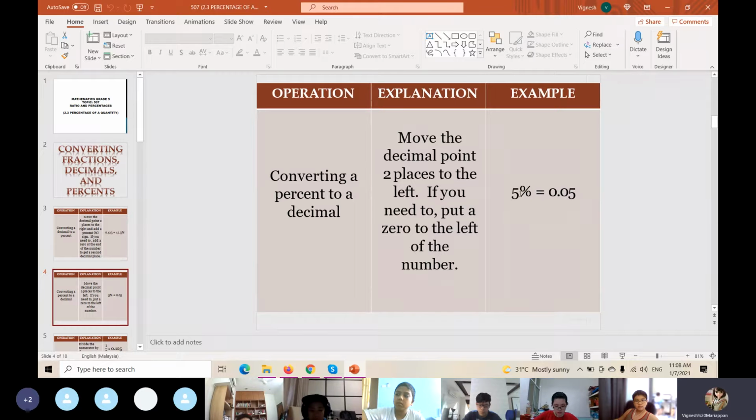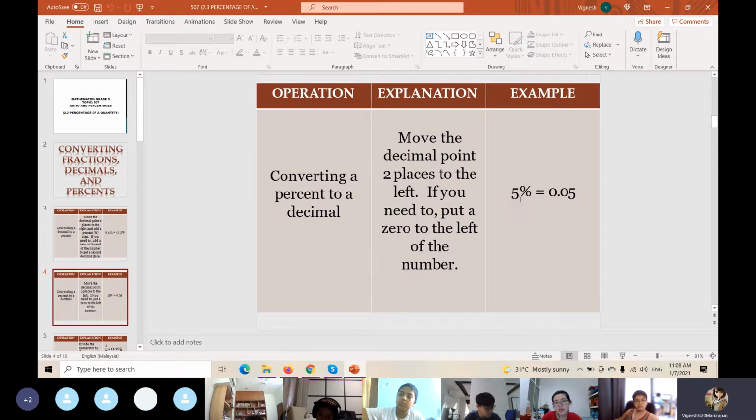Let's say we are moving 2 decimal places to the left for 5%. You have to assume that there is a decimal after the 5. Every ending of a number, you have to assume there is a decimal point there. When you move the decimal point to your left, you bring the decimal along with you.